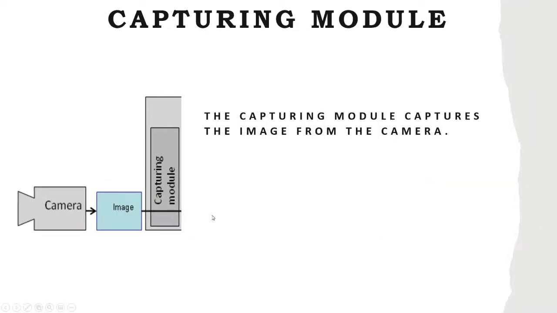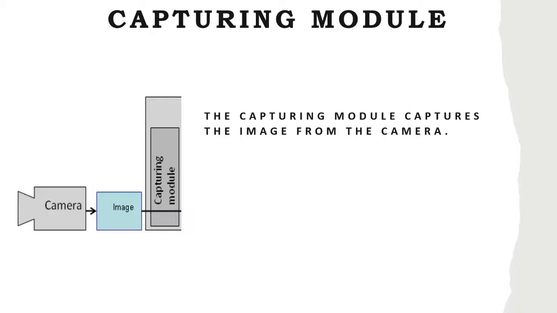Now let's understand the modules. You already know what the camera is and what this camera module does, because it renders the image of the real world into your phone. But what is a capturing module? The things that you see from your mobile camera, you can even capture.